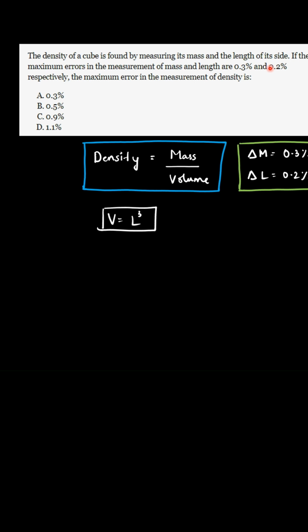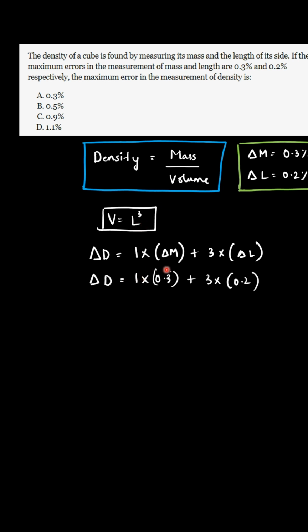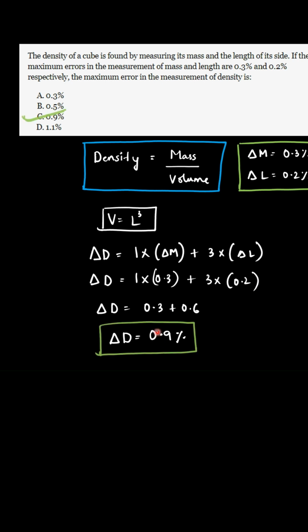We can write volume as L cube, and now writing down the formula for delta d, which is the error in density, which will be equal to 1 multiplied by delta m plus 3 multiplied by delta L, since L is raised to the power of 3. Delta d is going to be 1 multiplied by 0.3 plus 3 multiplied by 0.2. So delta d is going to be equal to 0.3 plus 0.6, which is going to give you 0.9, which is option C. Let me go to the next question.